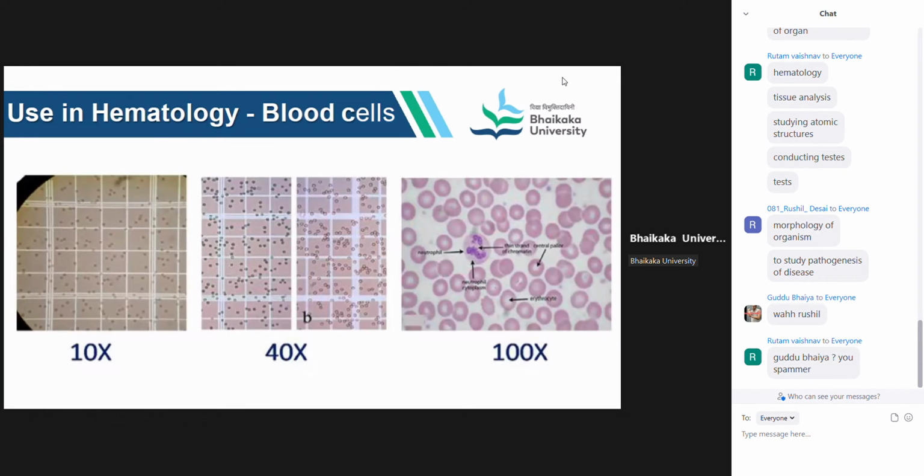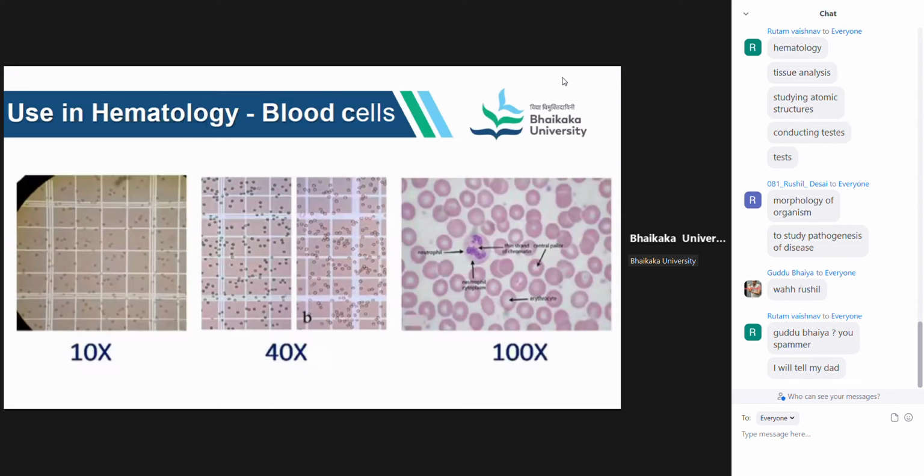You are performing the total WBC count under the low power lens, adjusting the Neubauer chamber, and then under high power you are observing the cells in the Neubauer chamber. On the rightmost, under the oil immersion lens, you are studying the peripheral blood smear. So that is in hematology.